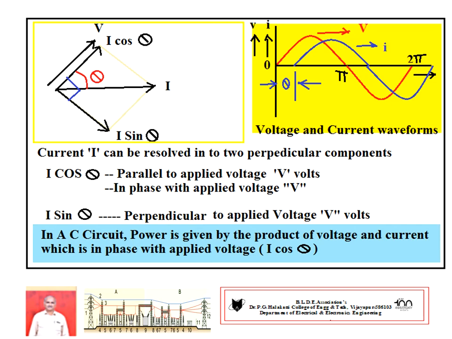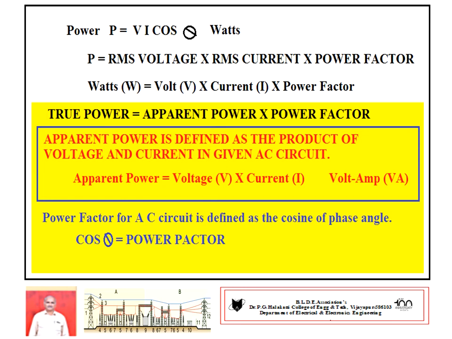Therefore, power equals VI cos theta, where cos theta is known as the power factor. What is theta? Theta is known as the angle between voltage and current, the phase angle. Don't confuse: the cosine of the phase angle is known as the power factor.